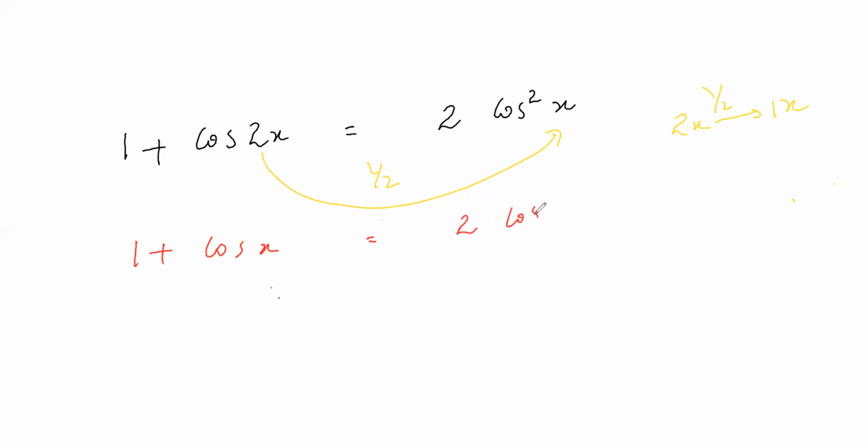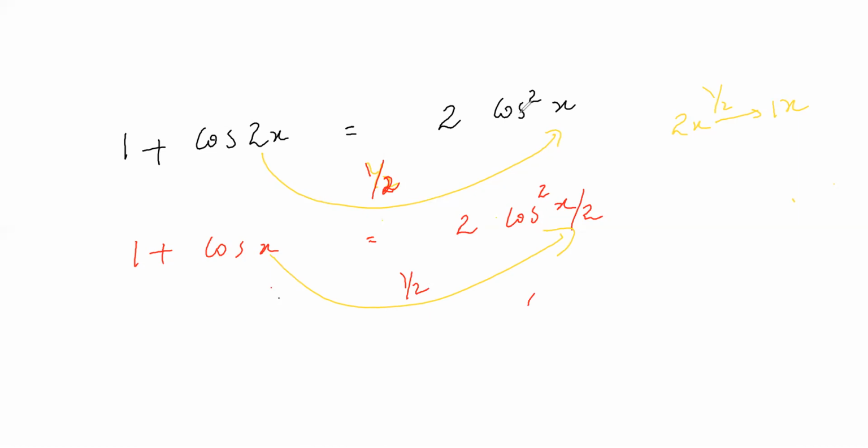What is the 1 plus cos x value? 2 cos square x by 2. Here, what is happening here? The x value is getting divided by half. Is it fine?